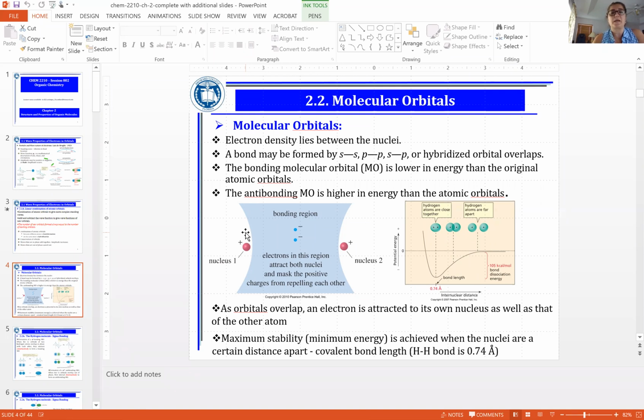When a bond forms, it is the overlap of orbitals of two atoms, but when a hybrid orbital forms, it is the overlap of orbitals within the same atom.